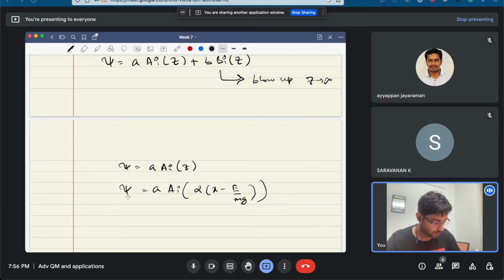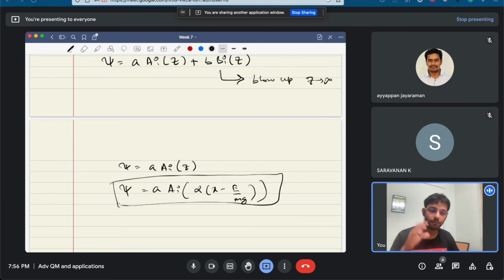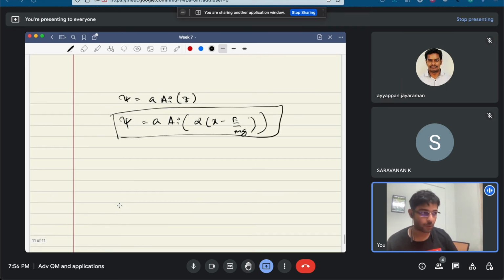So this is your wave function for a bouncing ball, a ball under the gravitational potential, and you can actually find this in the quantum world as well.